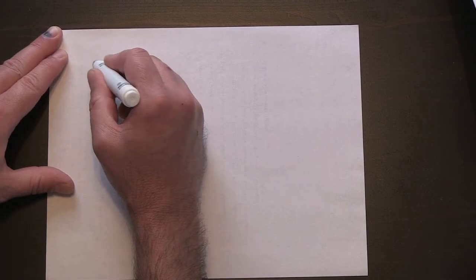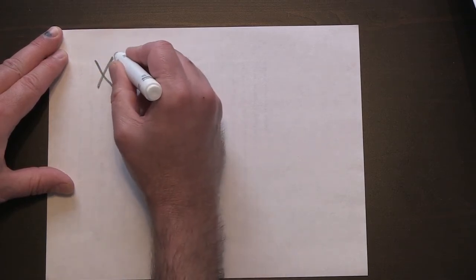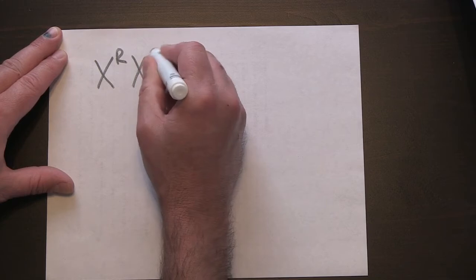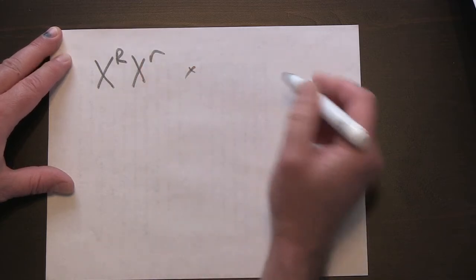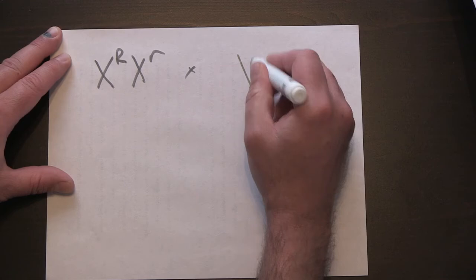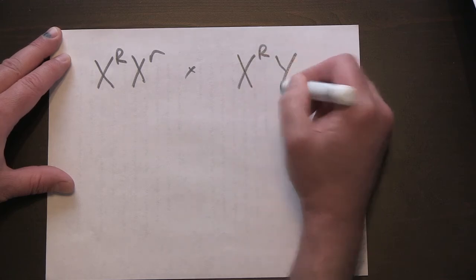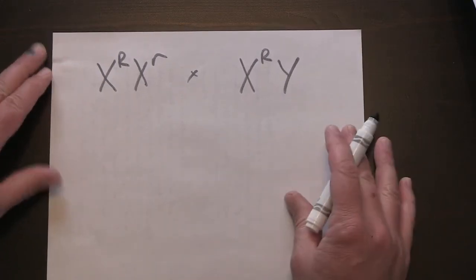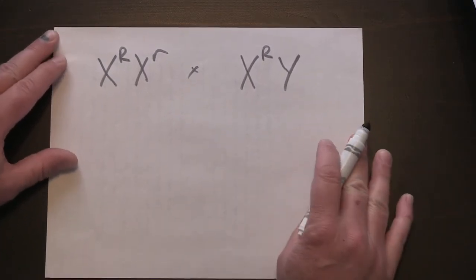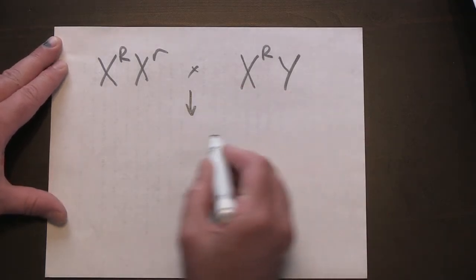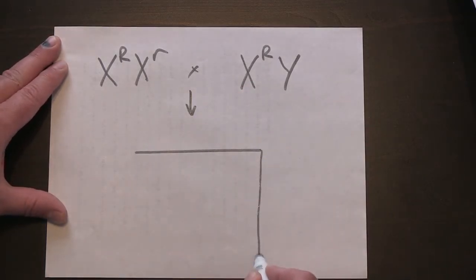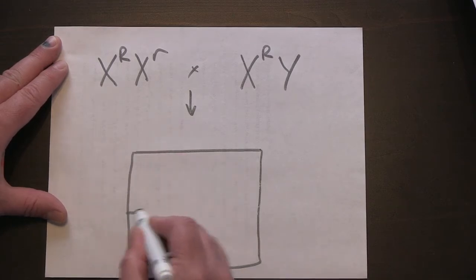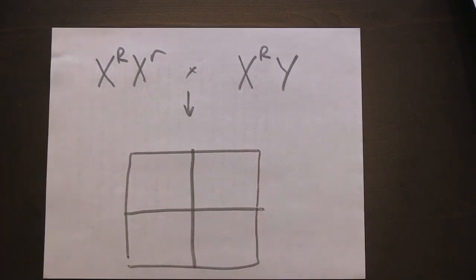I'm going to give you a red-eyed female, and we're going to mate her with a red-eyed male. What's the probability that they're going to have a white-eyed baby fly? You tell me. In fact, I'm not even going to tell you. We're going to go over this in class, in Zoom.